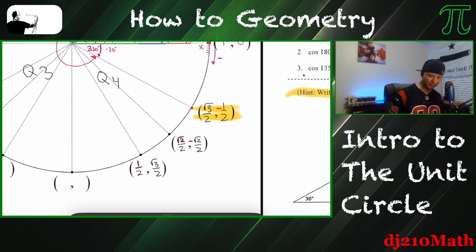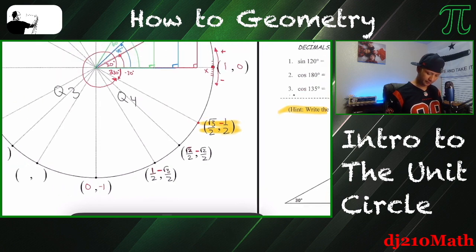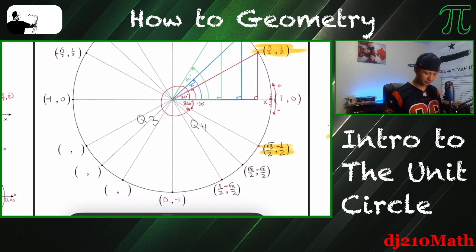It's 1/2 because it has to be opposite of the other one. So the y value is negative. Then we have 0, -1. Okay. And then we can fill in the last one as well.